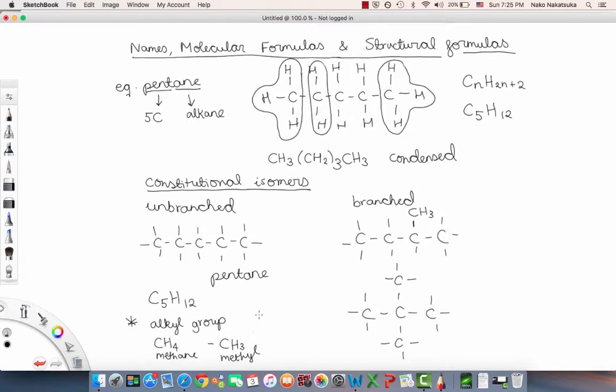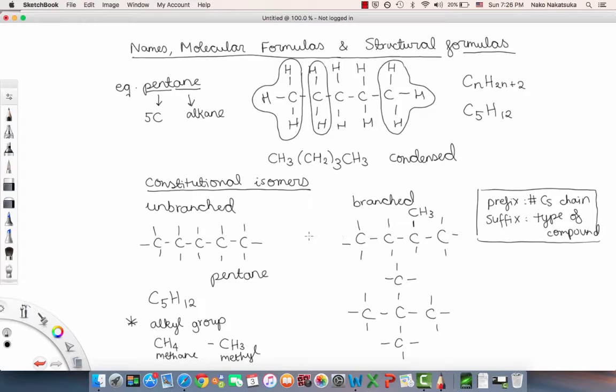And remember that when you name any of these molecules, the prefix always indicates the number of carbons in the chain. For example, in this case, it's the pent. And then the suffix always tells you the type of compound. In this case, it's an alkane. So this is just a little note for you to remember.